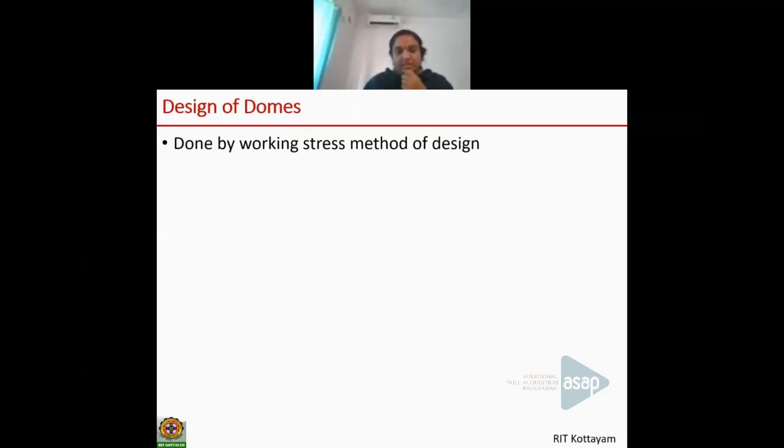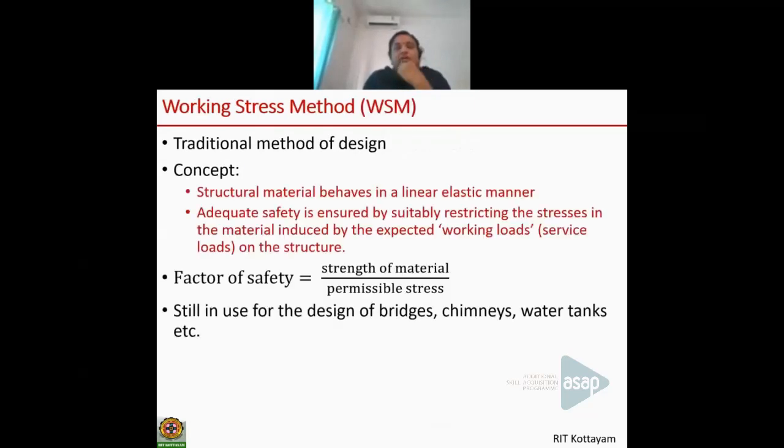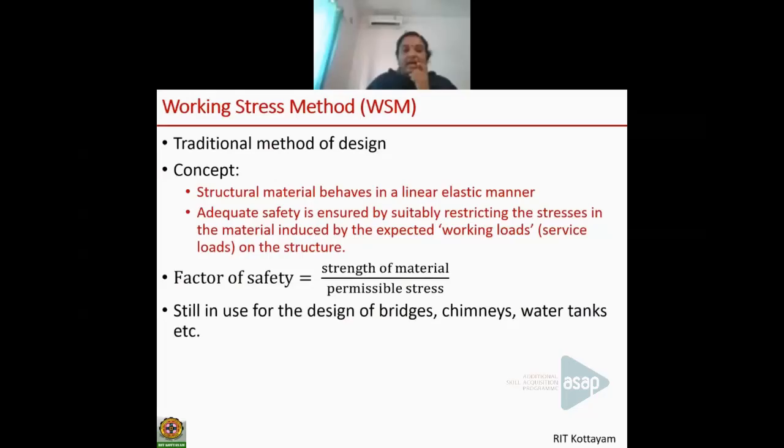In your DCS 1, you have studied only the limit state method of design. The working stress method of design is the traditional method of design, where structural material behaves in a linear elastic manner, and we ensure safety by adequately restricting the material strength.